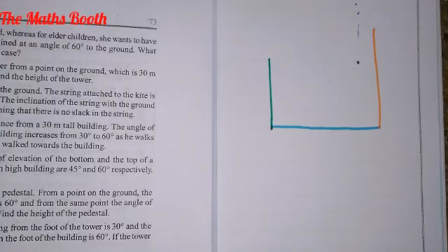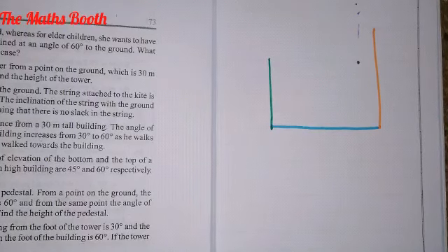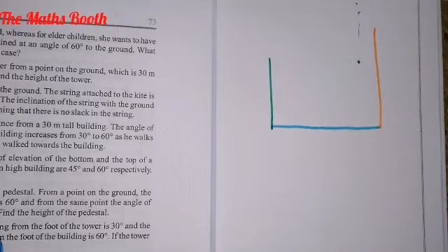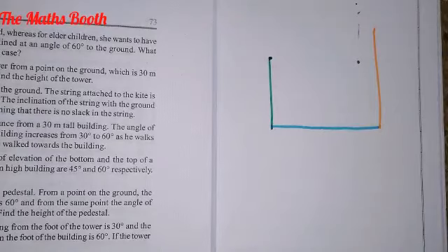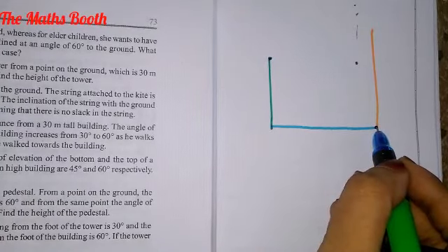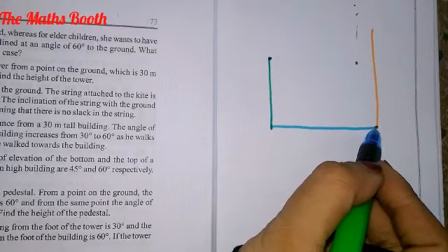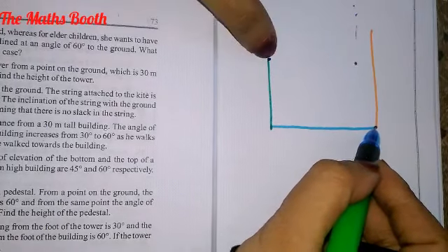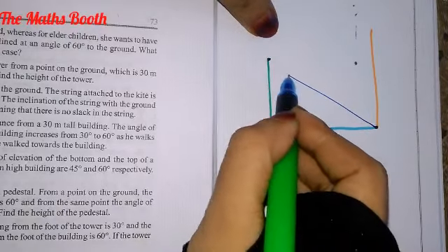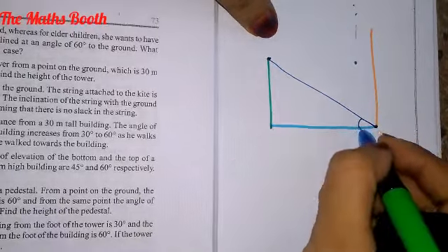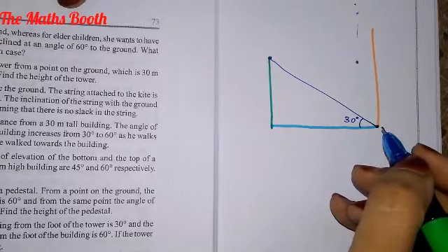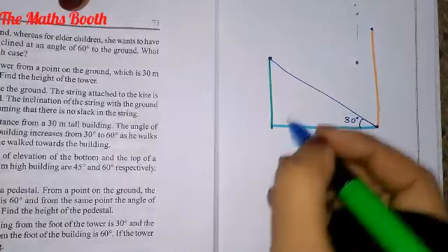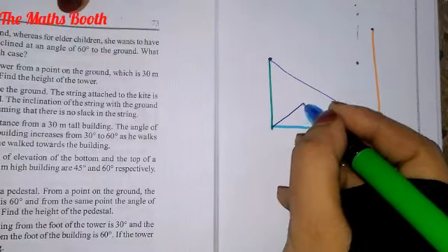Now what they have told, the angle of elevation of the top of the building from the foot of the tower is 30 degree. Let me write 30 degree. And the angle of elevation of the top of the tower from the foot of the building is 60 degree.